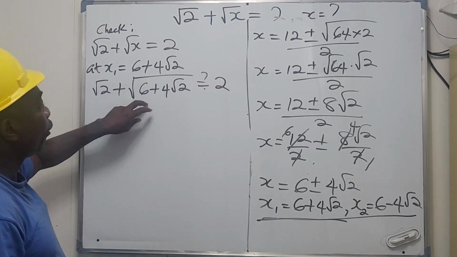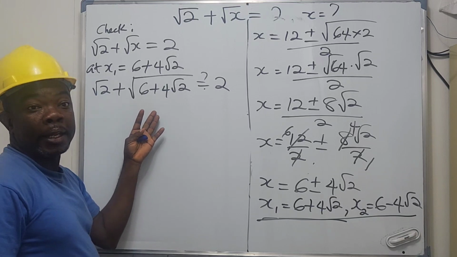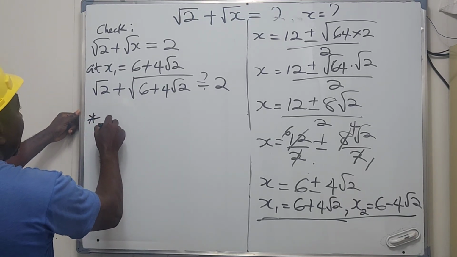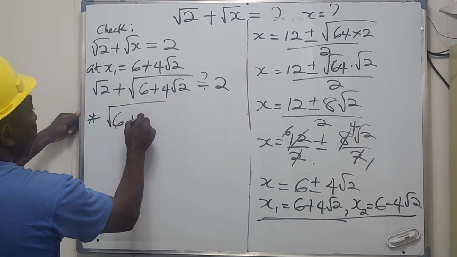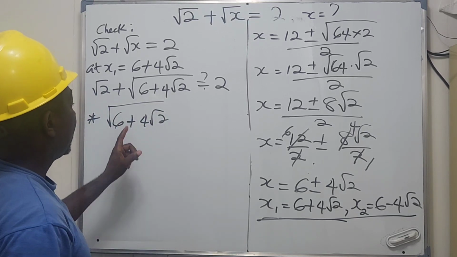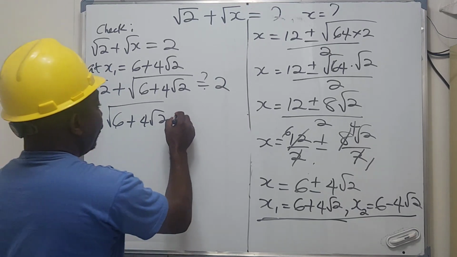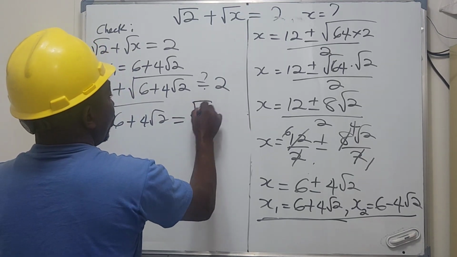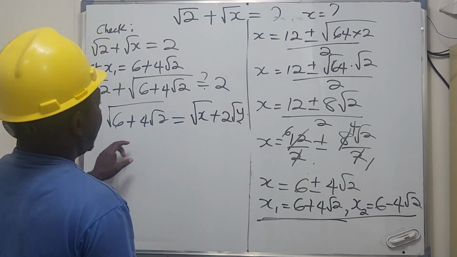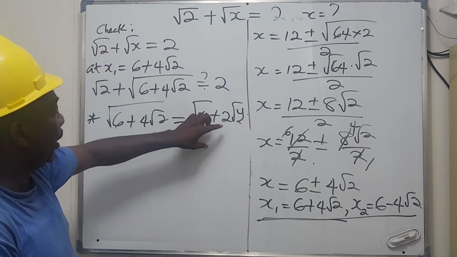So here, for us to evaluate this radical, let's bring this out. So here you have 6 plus 4 root 2. What will this become? This is going to be in the form like root x plus 2 root y. So expressing this in this format.